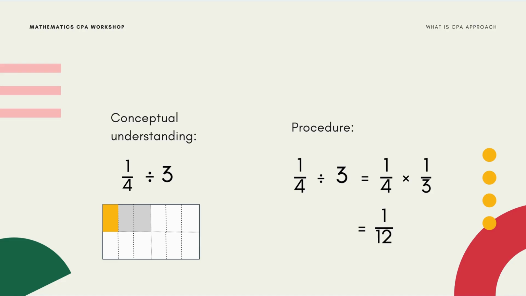Shading one part of the folded fraction and then unfolding the paper demonstrated that each of the 12 resulting sections represents 1/12. This hands-on activity made the abstract division process more tangible and easier to grasp.